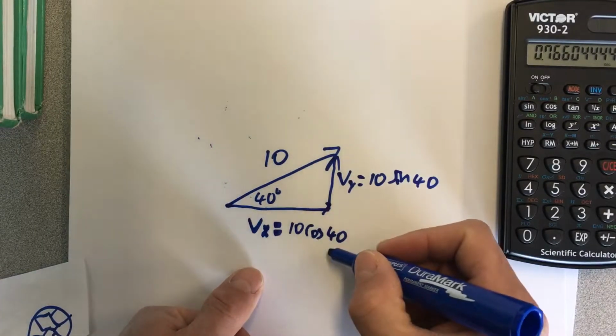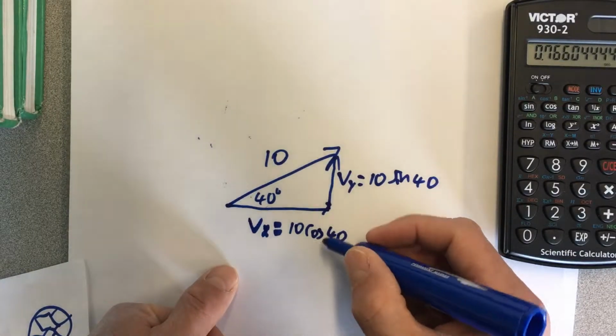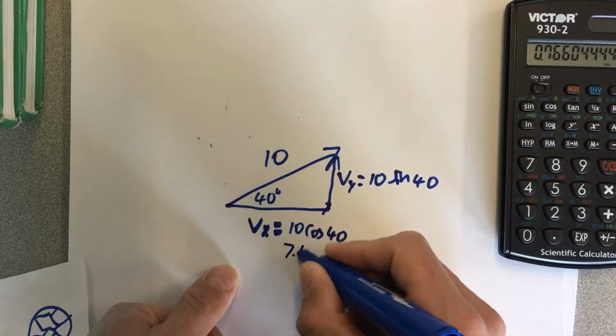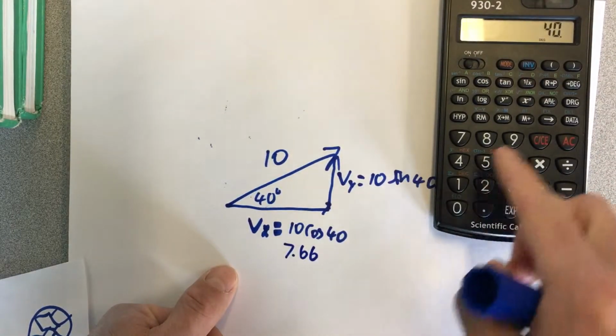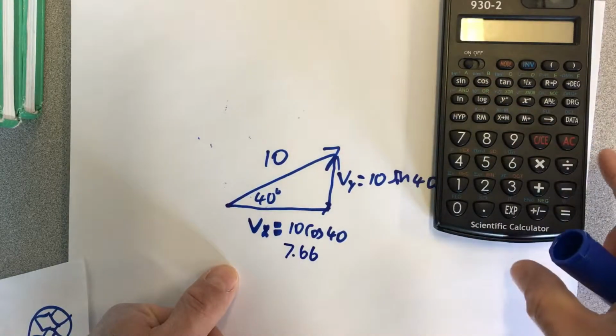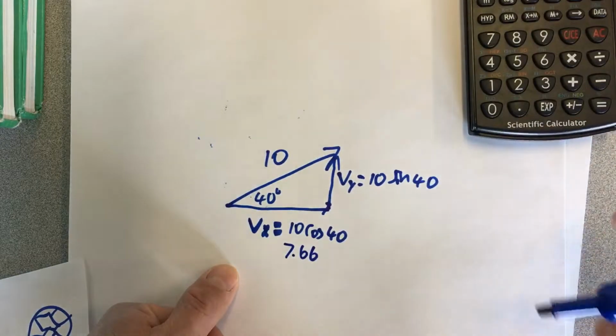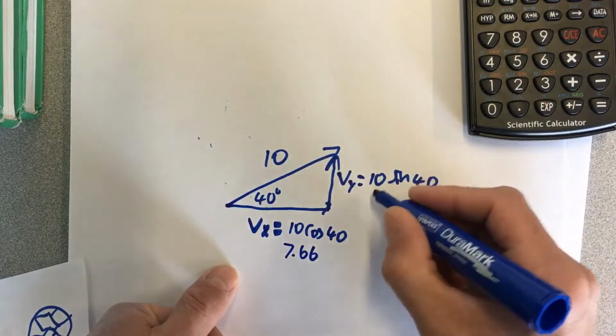So 10 times 40's cosine is 7.66. And 10 times 40's sine is 6.43.